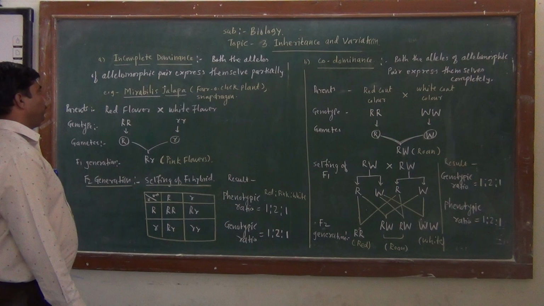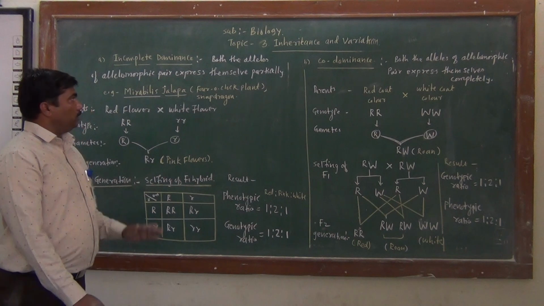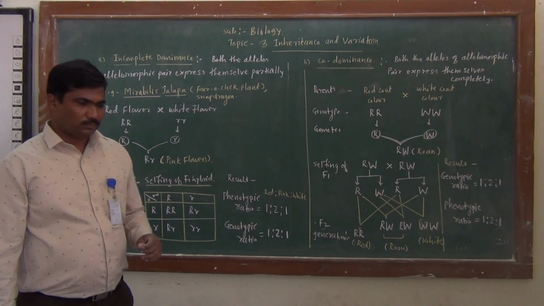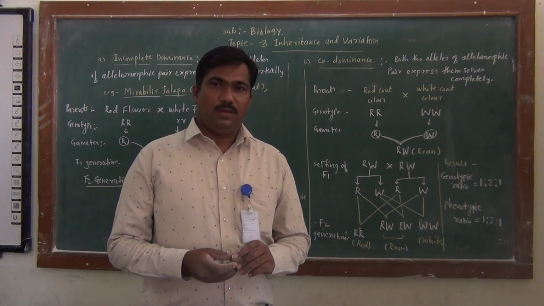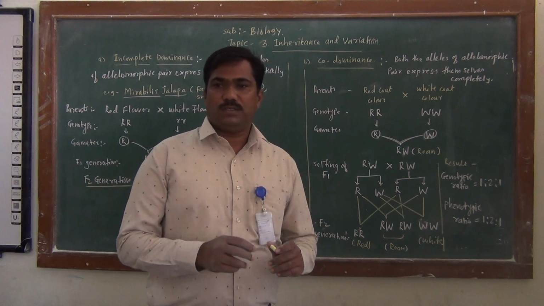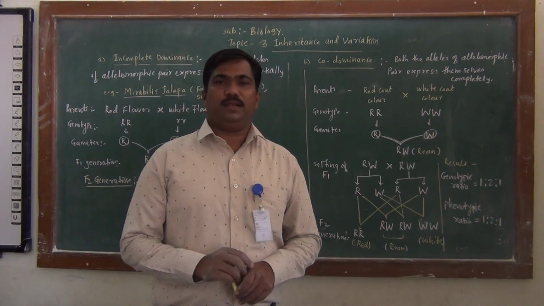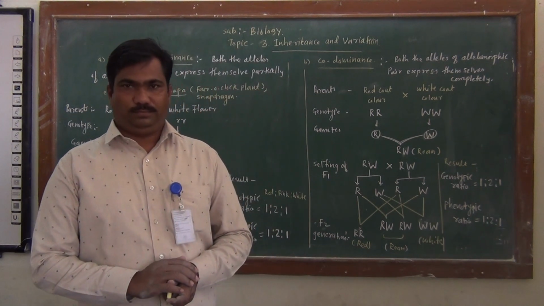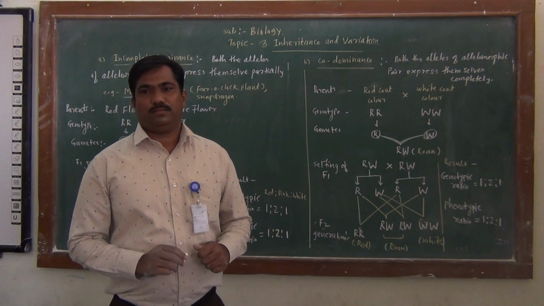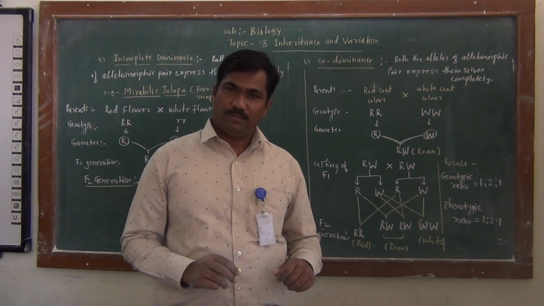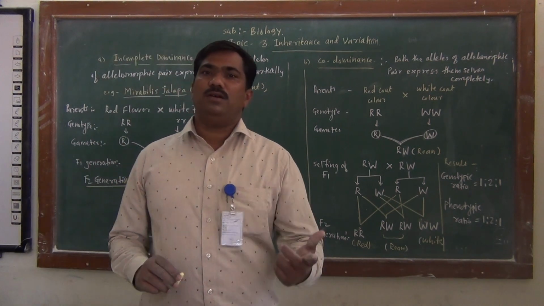incomplete dominancy. Before it we know that according to the law of dominancy, the characters that appear in an F1 generation are dominant characters, or in a heterozygous condition, one allele is completely dominant over the other allele.